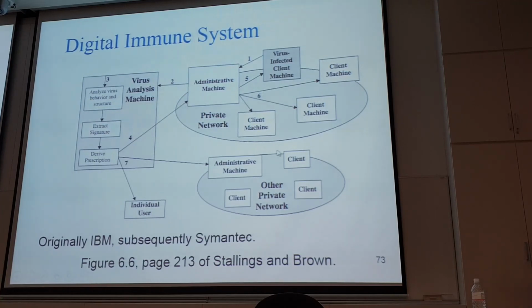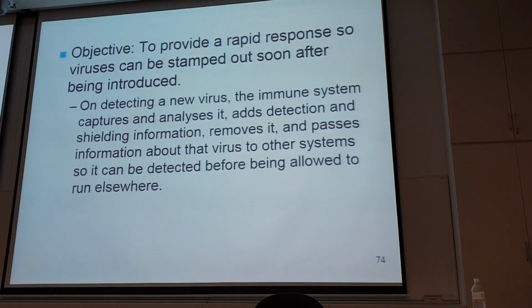The purpose is to have a rapid response to new viruses. If a new virus occurs, we want to develop the vaccine or prescription as quickly as we can, so that we can inject the vaccine into other machines not yet infected. In this case, the virus cannot spread widely among the different networks.